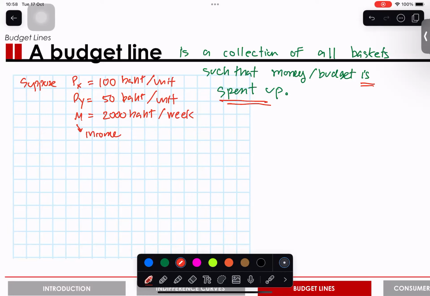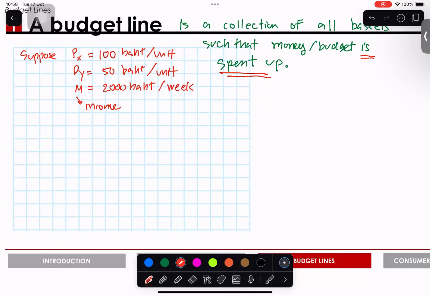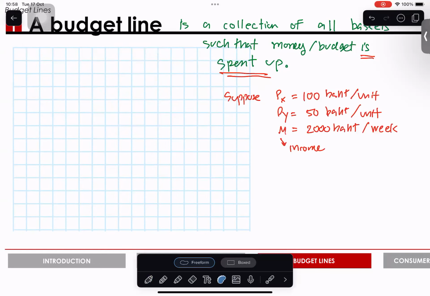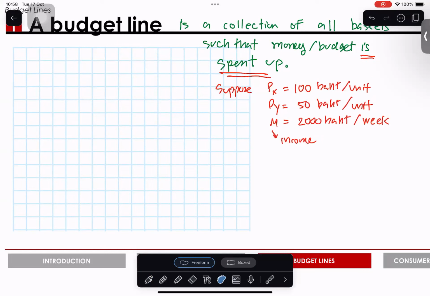M is 2,000 baht per week. Let's draw a budget line then.